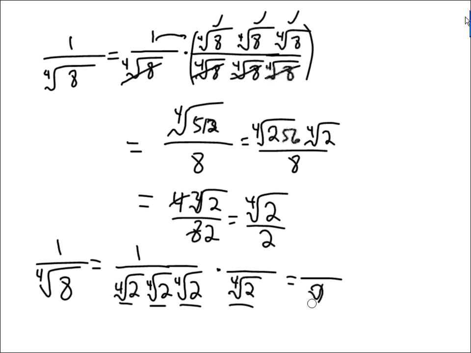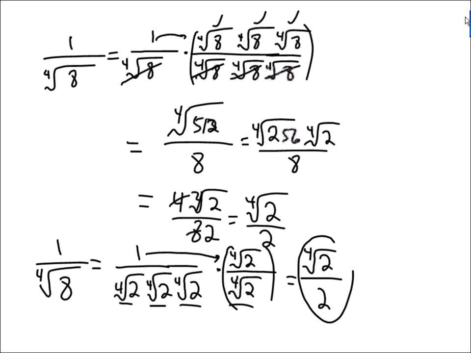The fourth root of any number times itself 4 times is that number. And I do the same to the top. This fraction here is 1. And 1 times the fourth root of 2, what do you know? The fourth root of 2. And this is the same thing I got doing it the long way. And I never dealt with numbers like 512.